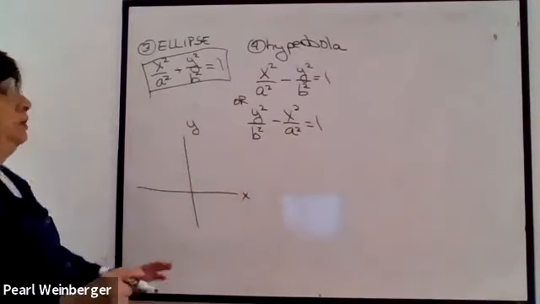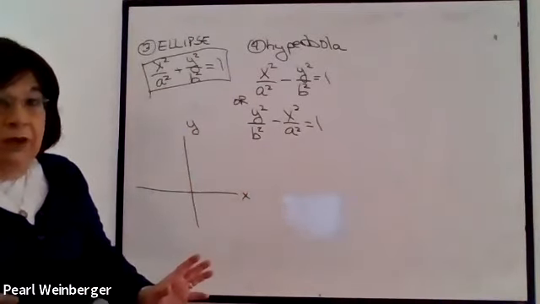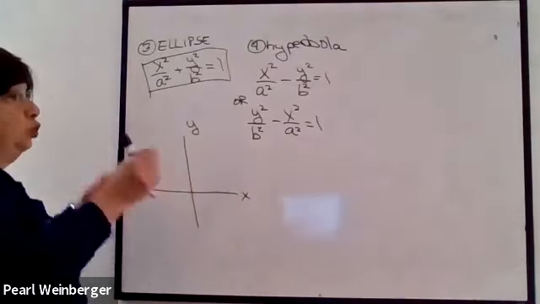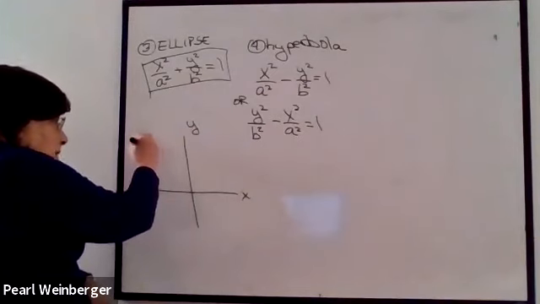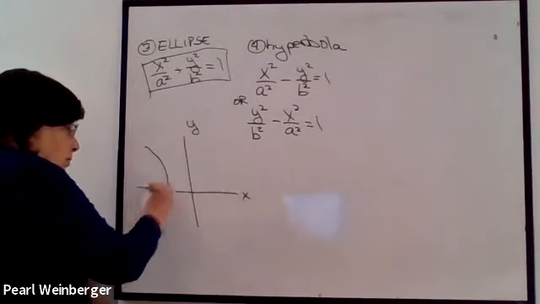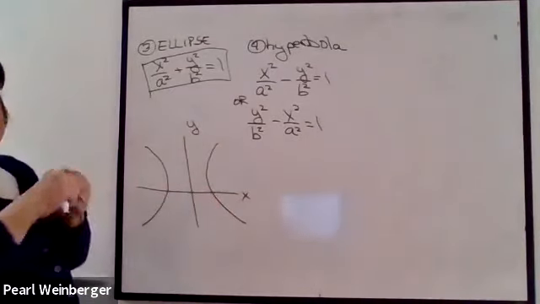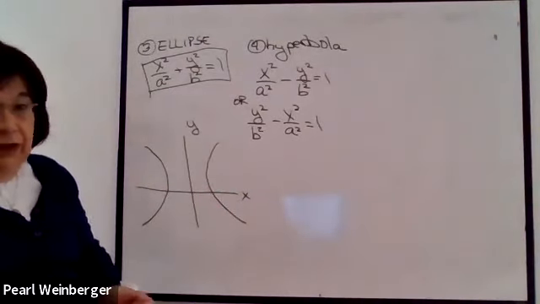A hyperbola is a strange looking figure because it has two parts. It has two arms. Sometimes the arms go like this. They almost look like back-to-back parabolas.